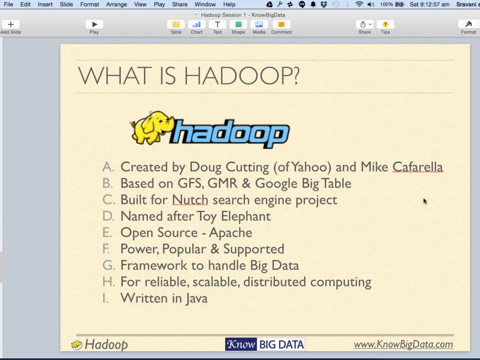That's when Google's papers on Google File System, Google MapReduce and Google Bigtable came along. They implemented those papers to support the Nutch search engine they were developing, which was sort of a competitor to Google, but they were building it in their personal time. For building that, they essentially built Hadoop.